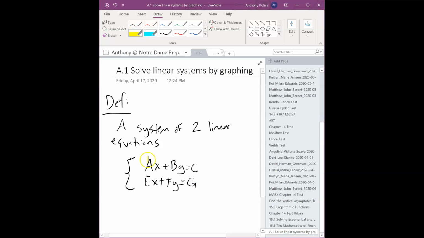So these capital letters are coefficients, they're just constants, so those would be like regular old numbers, and the x and y are the variables.